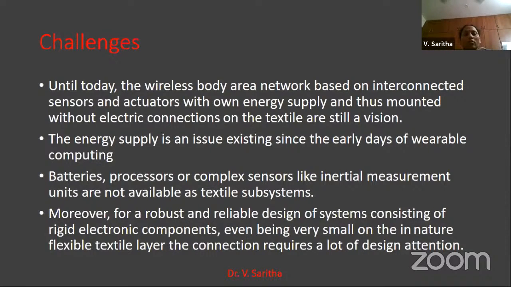The energy supply is an issue existing since the early days of wearable computing. It was an issue in the early days, but now we are slowly overcoming that problem also.